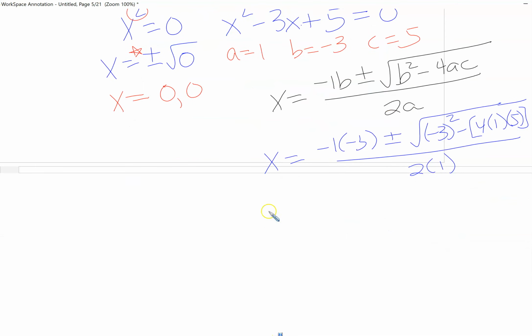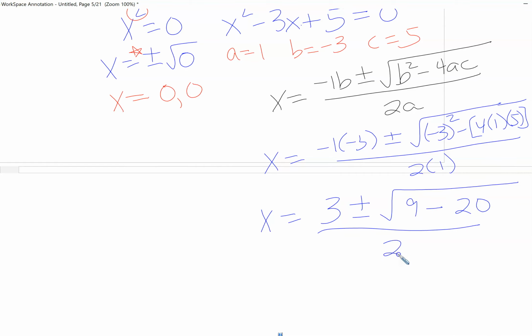And here we're now going to get x equals +3 plus or minus the square root of 9 minus +20, all divided by 2. Be careful, we've talked about this before. This is plus -20, so this is going to be 3 plus or minus the square root of -11 all over 2.